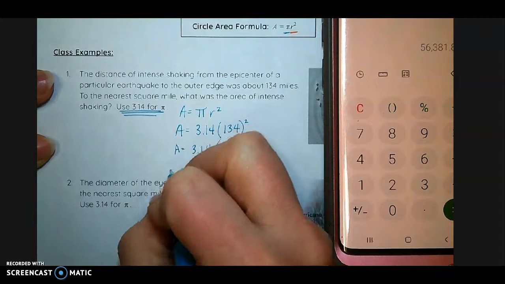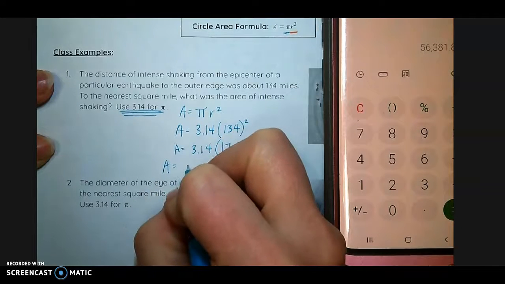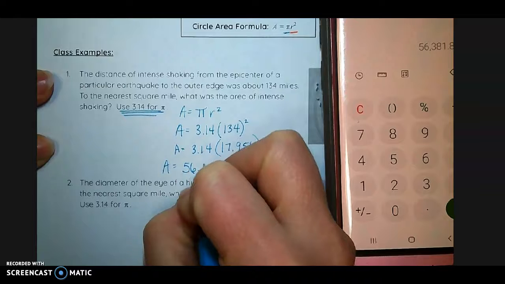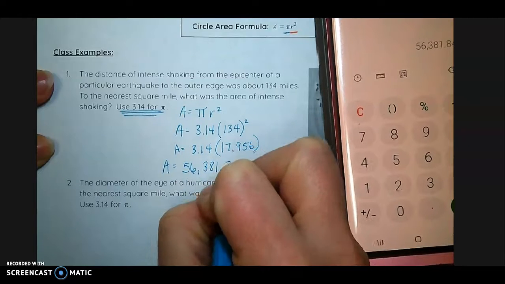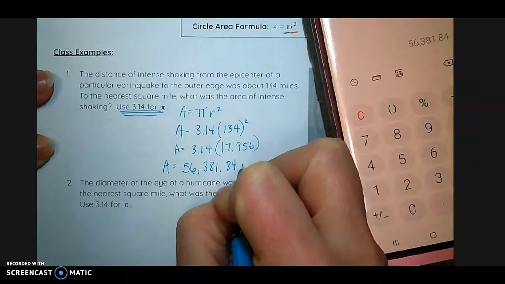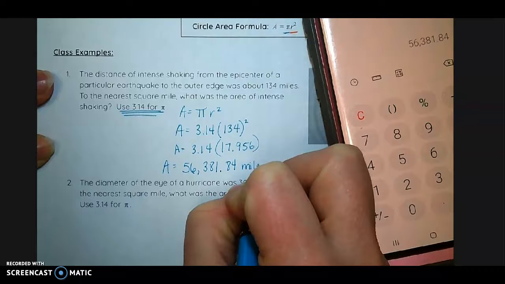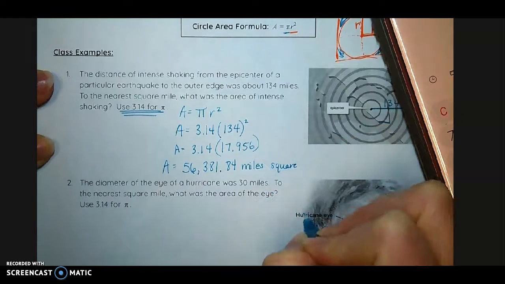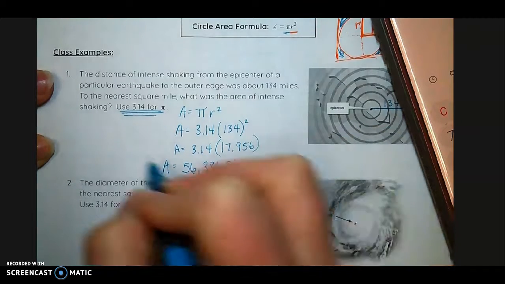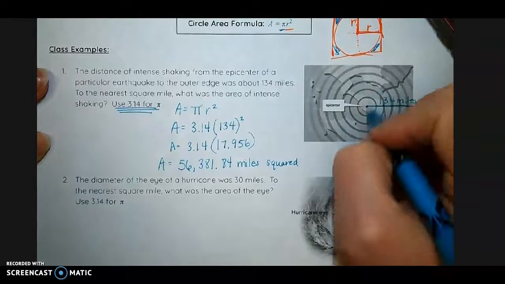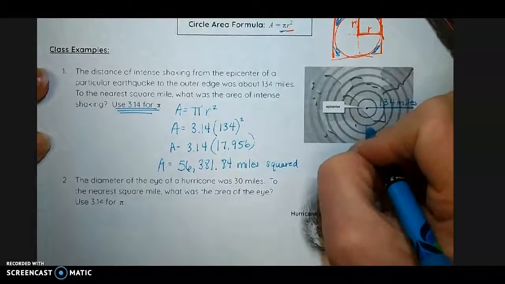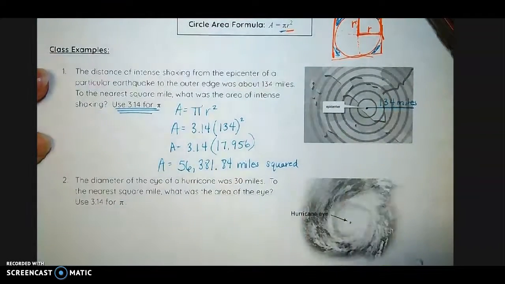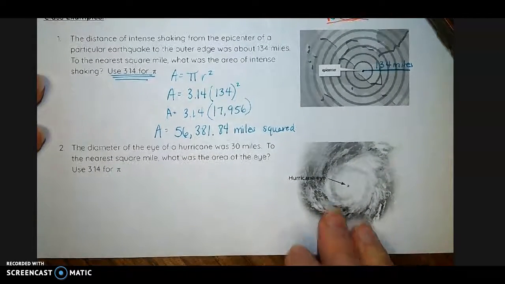And that will give us an area. This earthquake affected 56,381.84 miles squared, or square miles, however you want to think about that. So that means I should be able to draw 56,381 little tiny squares in there showing how much of that area was affected.